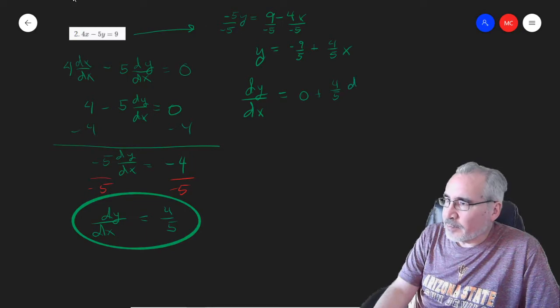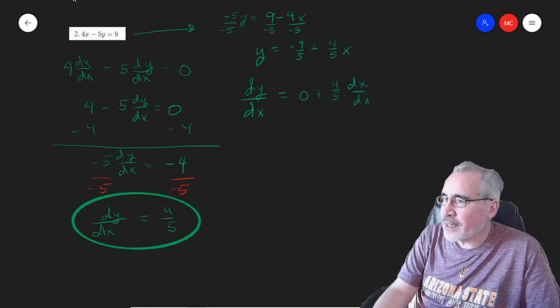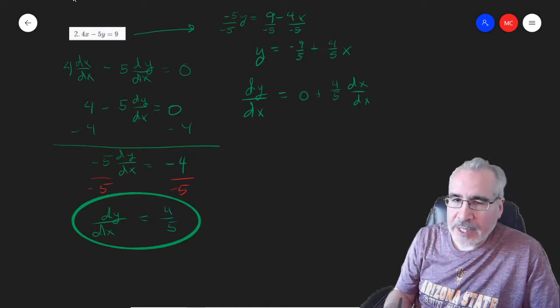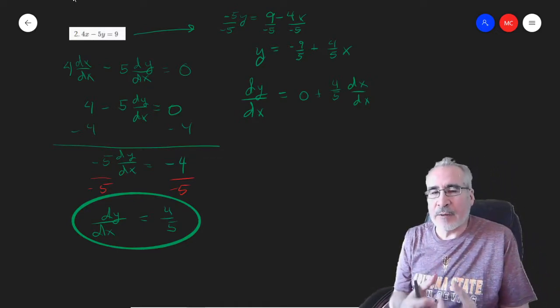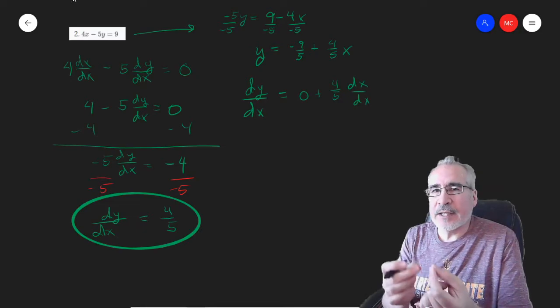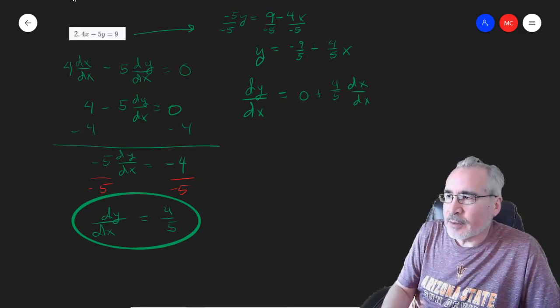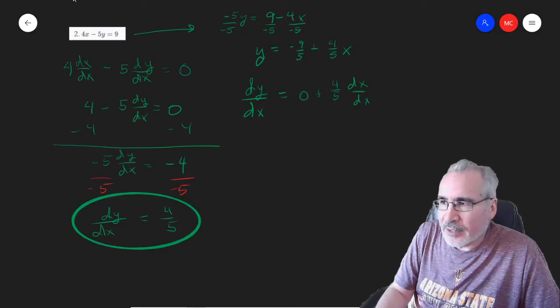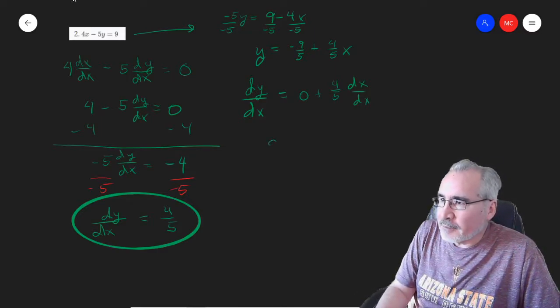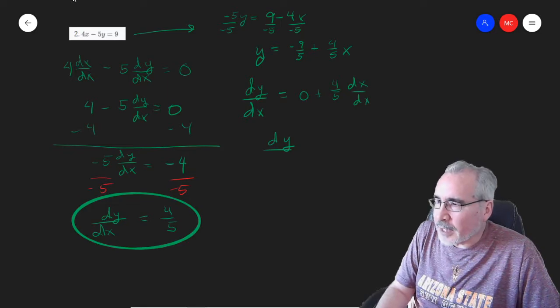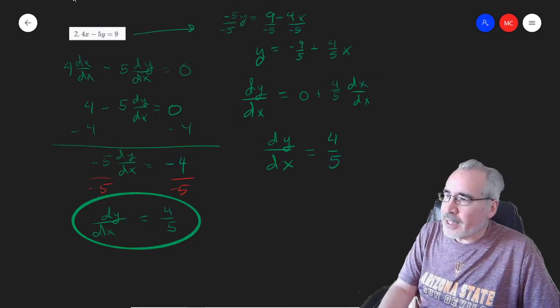And again, we've been doing this dx dx. Now we don't need to do that. We haven't done that before, but I just use it as a technique to say what I really am doing. I'm taking the derivative of everything. And this marker tells me I did take the derivative of x with respect to x. Whatever that means, I'll be honest, it's something I made up, but it seems to make a lot more sense to me than not putting anything there.